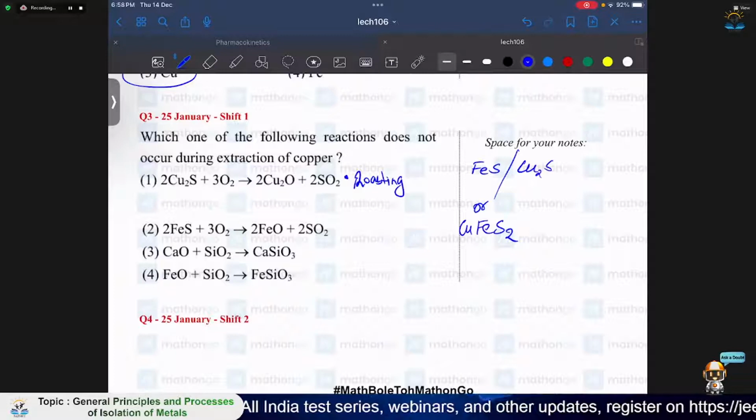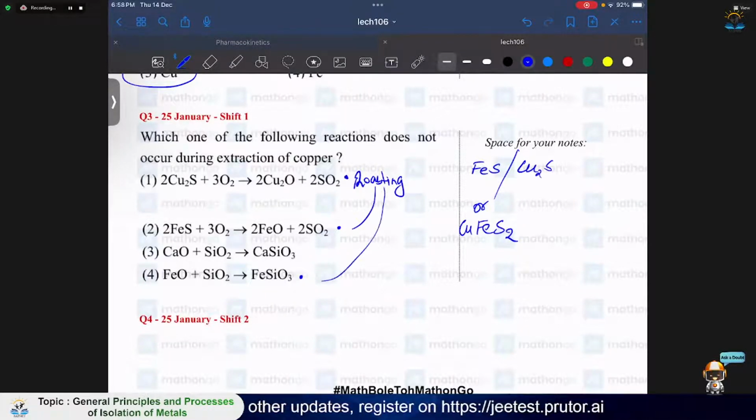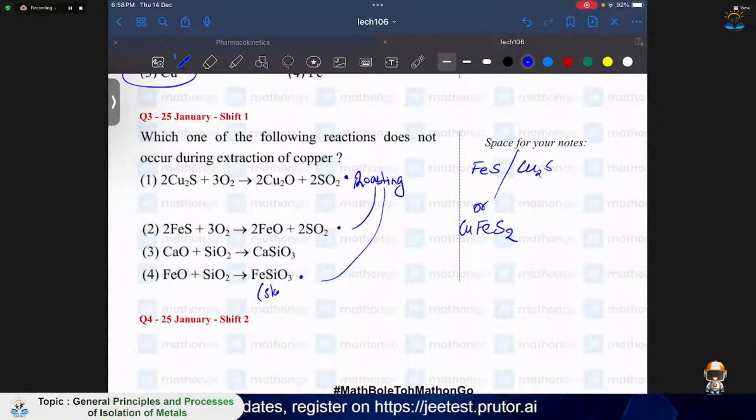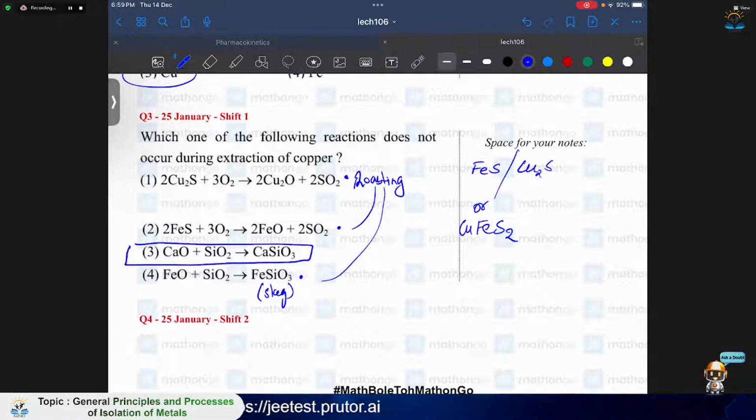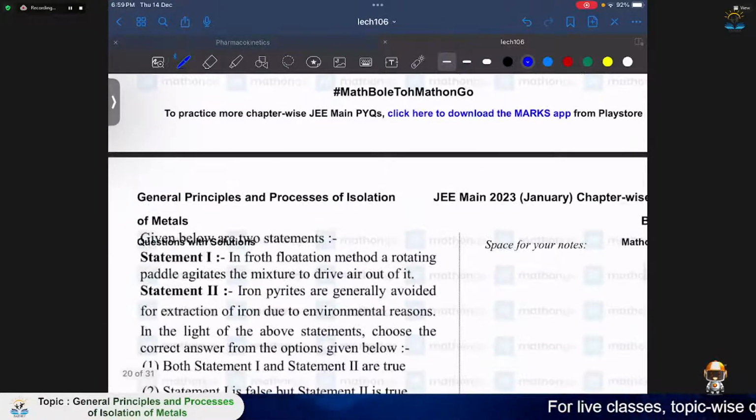You had seen that iron will also be converted to oxide and you can remove it by adding silica. So reactions 1, 2 and 4 will be seen during roasting only. This is the slag formation reaction. But this reaction, I think it is not seen during copper extraction. Might be seen in some other reaction, but not during copper extraction.